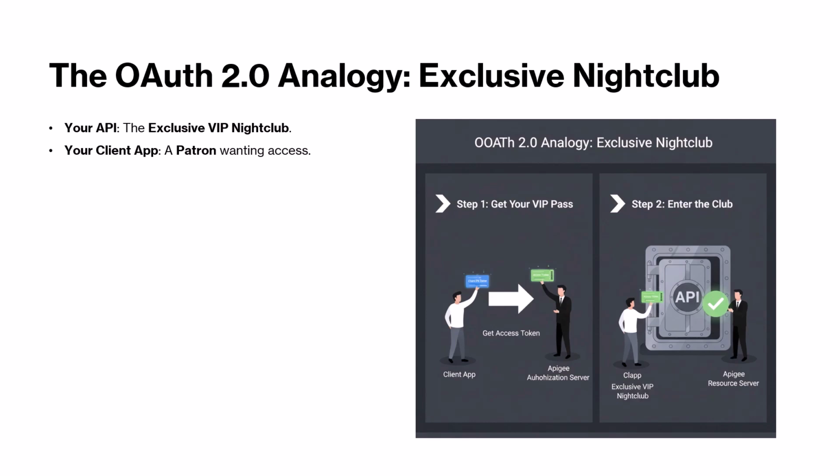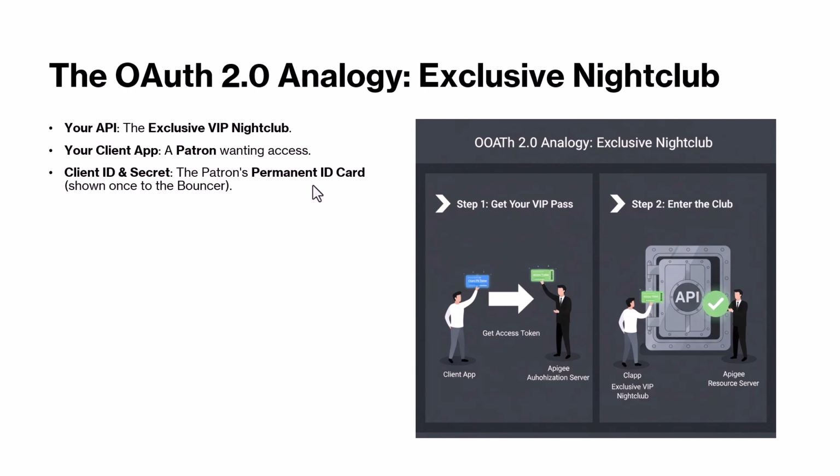And your client application is like a patron waiting for access into the exclusive nightclub. It's a legitimate entity, but you as the club owner don't want to give it the permanent keys to the whole place. All right. So the patron's identity card represents the client ID and secret.